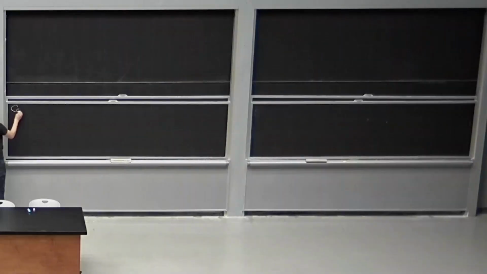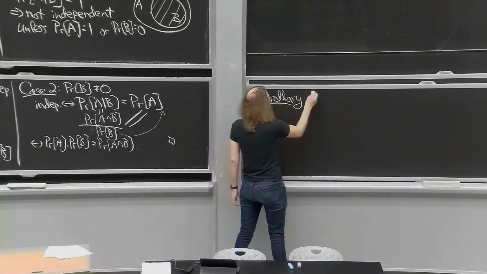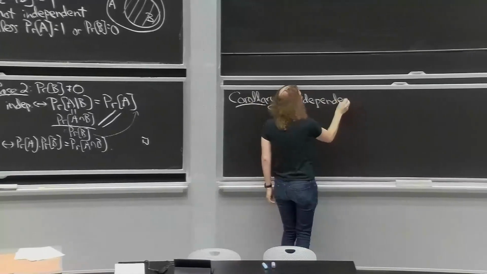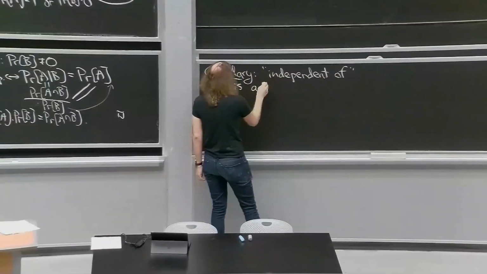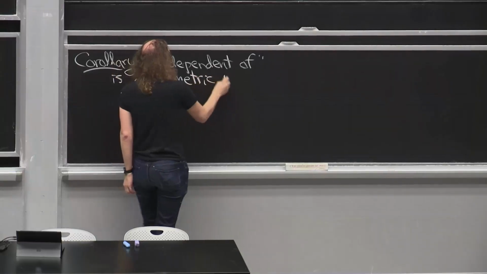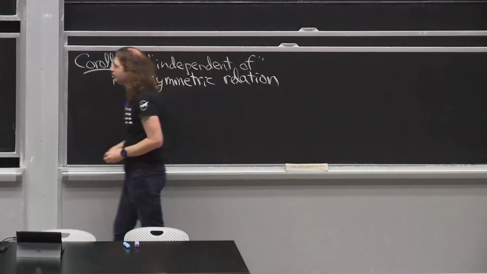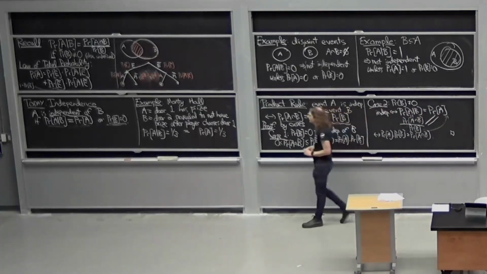So, corollary: independent of is a symmetric relation. A is independent of B if and only if B is independent of A. So I'll just talk about A and B being independent from now on.